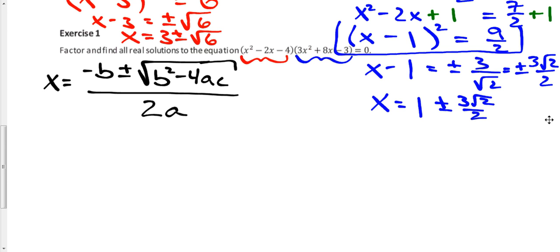So I can plug in, what's my A value here? 1. What's my B value? Negative 2. And my C value? Negative 4. I plug it into all the appropriate places on my quadratic formula, and voila, I get the values of x that make this red equation equal to 0. I do the same thing for the blue, and then I find the 4 solutions for x that make this thing equal to 0.